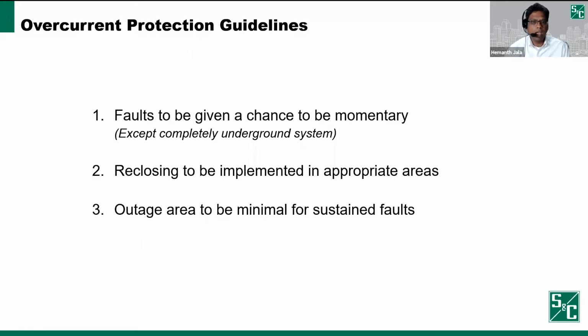For example, if you have a completely underground system, you know that any fault that's happening in the system is probably not a temporary fault because you don't have tree branches or animals. So you assume that for an underground system, all faults are predominantly sustained.